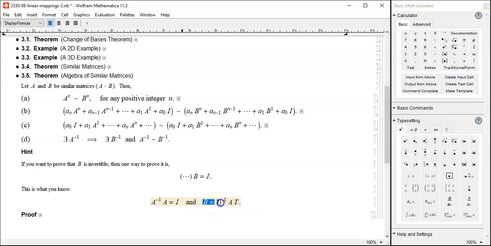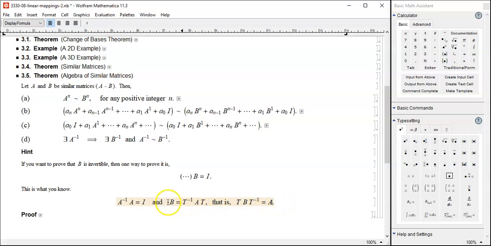Instead of B equals T inverse A T, I can flip these T's to the other side: T B T inverse is equal to A. Here you can multiply by T on both the left and right hand side, so kill this one off, and T inverse on the right hand side to kill this one off.